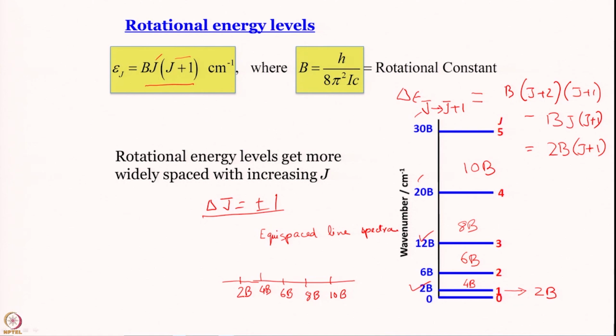How is it useful? It is useful because that difference in energy is 2b into j plus 1. No, sorry, difference in energy is not 2b into j plus 1, difference in energy is 2b, difference in energy of lines is essentially 2b. So, once you record a spectrum from the spacing you can work out b, and if you work out b then you can work out this, this is b. So, h is known, pi is known, c is known.